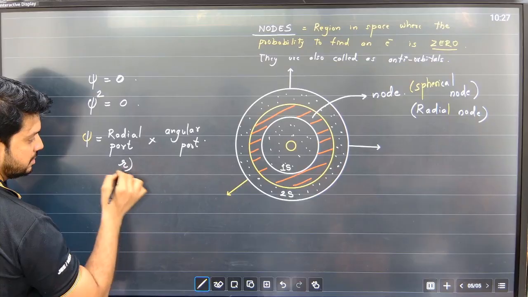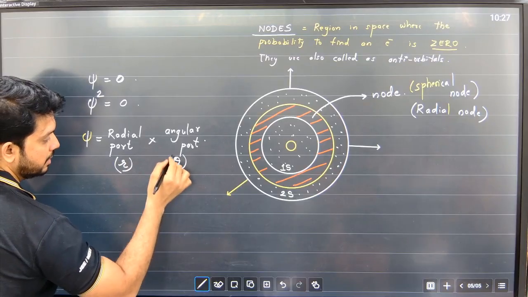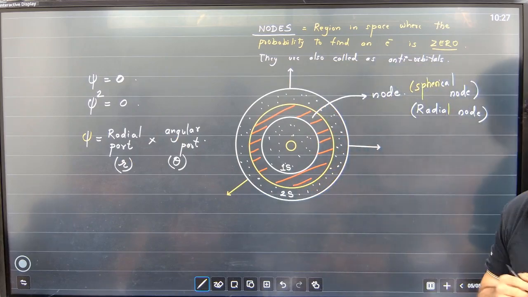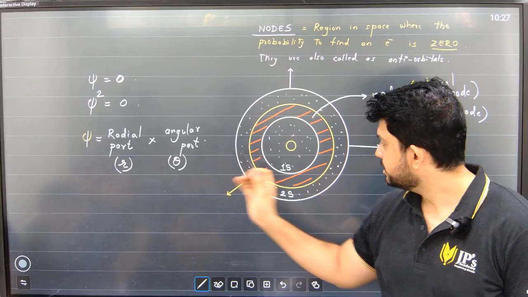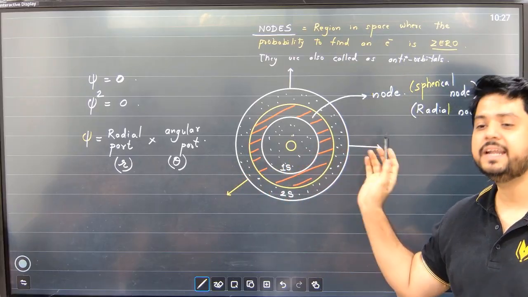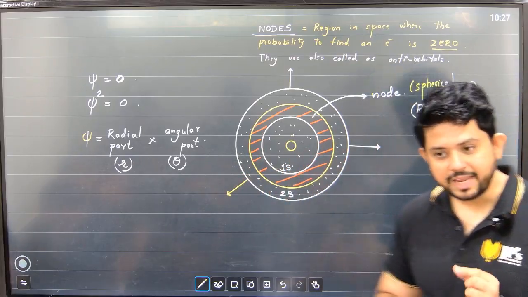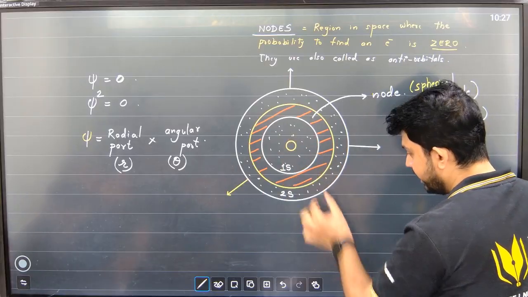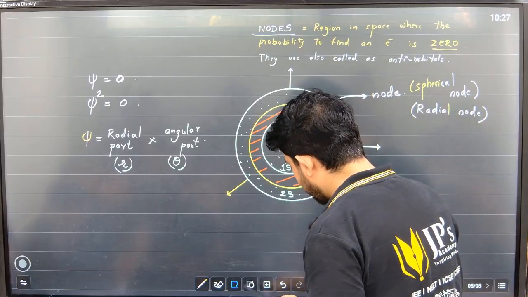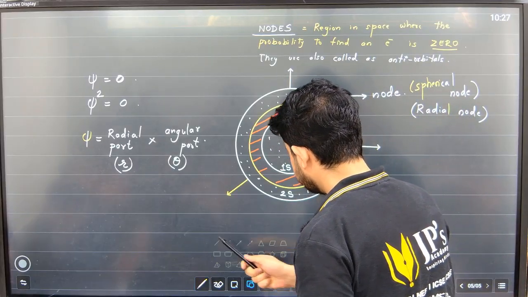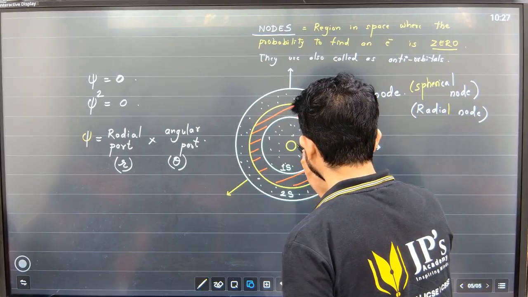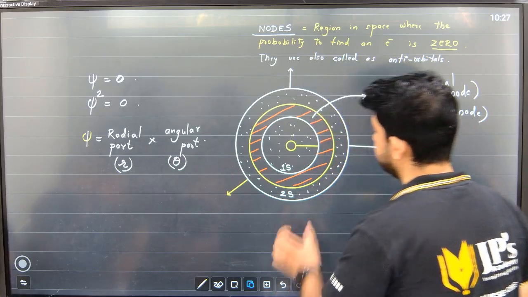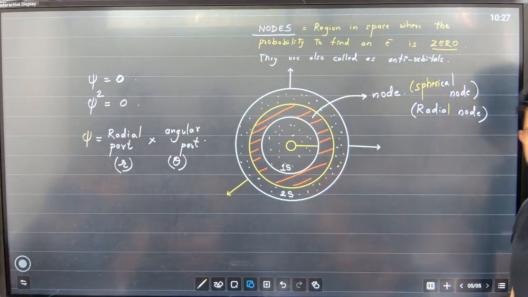Radial part, angular part, theta and phi. It's obvious because in simple terms इसका कुछ radius होगा, और I can say that the first node जो मेरे को मिला है, it is at a particular r distance from the nucleus. You can find that distance.